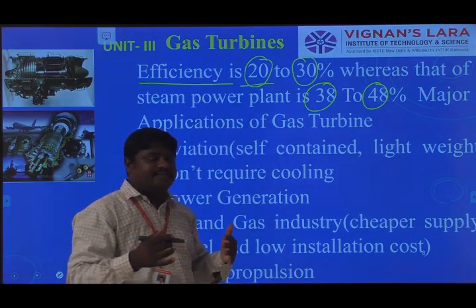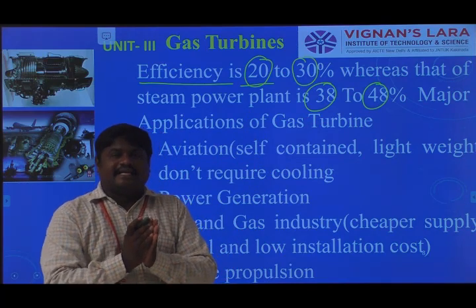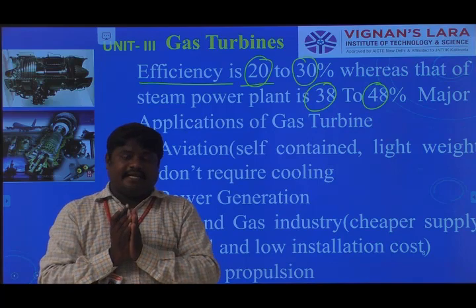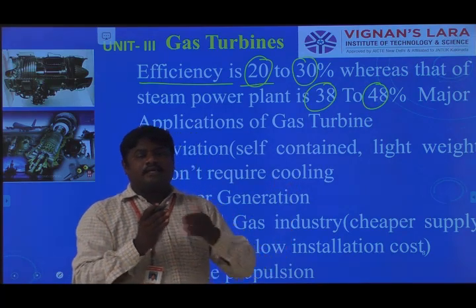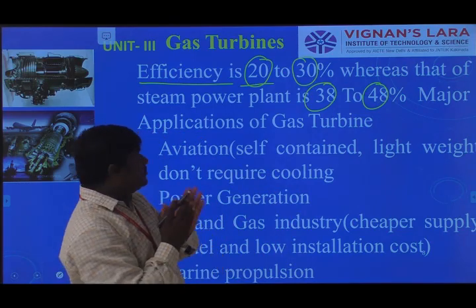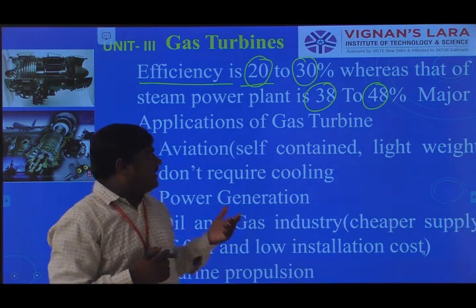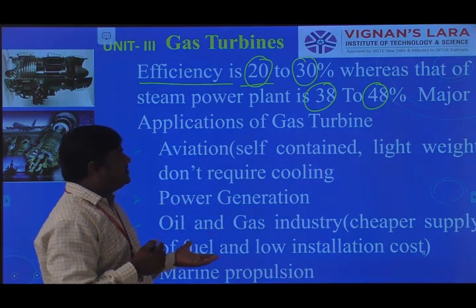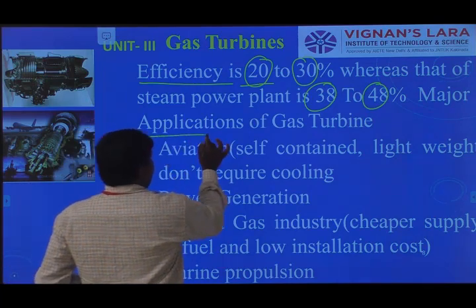That value is the thermal efficiency. So the steam turbine has 38 to 48 percent, and coming to gas turbines, it is 20 to 30 percent.